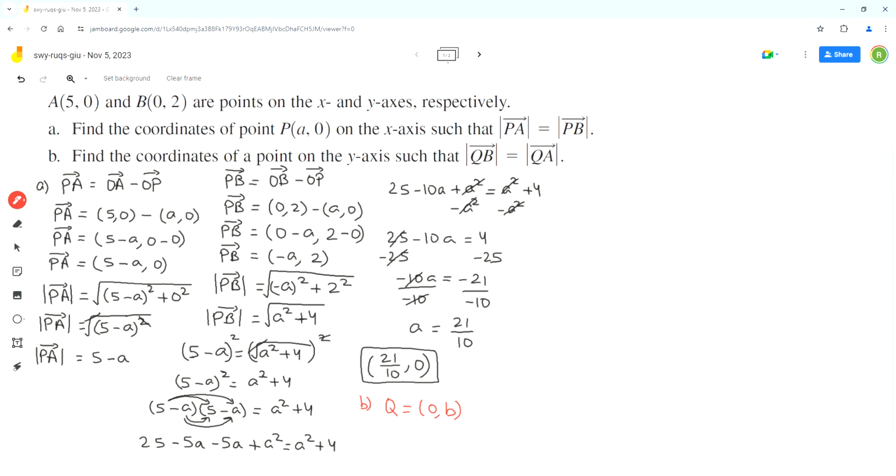Now we can find vector QB. So we can break it up into its position vectors.